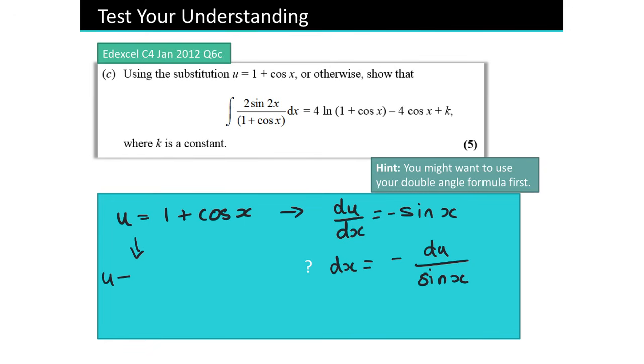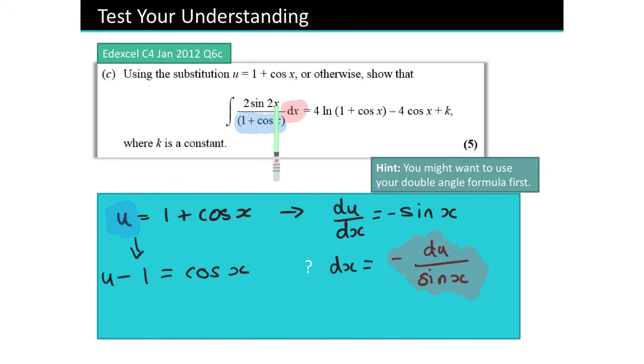And then we need to rearrange. So u minus 1 equals cos of x. Now, even though it's told us a hint, we're going to pretend we didn't see that, and we're going to work through everything we know. So, do we have 1 plus cos x? Yeah, that's u. Do we have dx? It's minus du over sine x. So that tells us straight away that we can have a sine x in our answer, and that would then mean it can cancel.